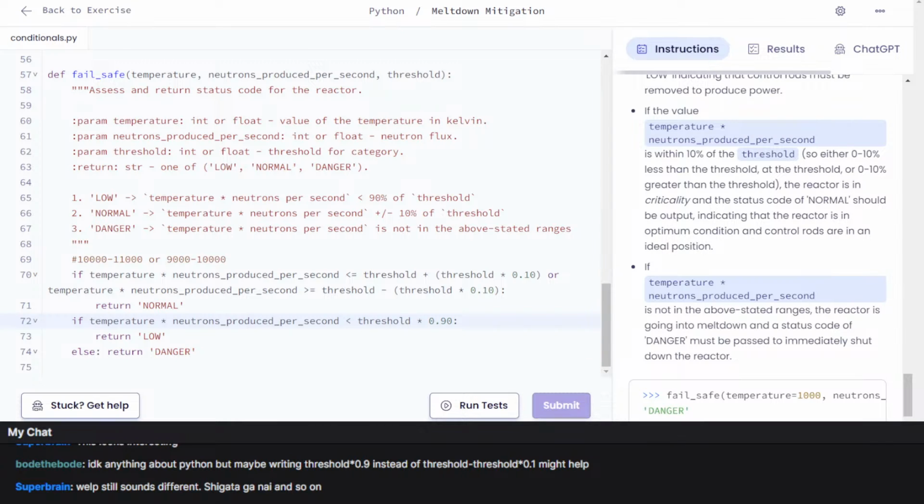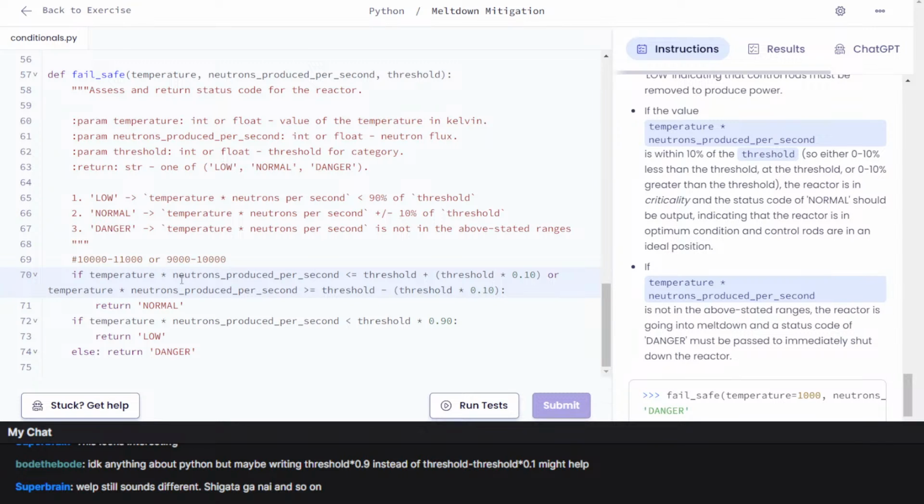Maybe. Well, in any case, if I was doing it correctly, I would be asking, is temperature times neutron stars, and then when I do the math here, is it within the range of 10,000 to 11,000? Or is it in the range of 9,000 to 1,000? That's not what I asked. So I asked it wrong. So the math's bad.